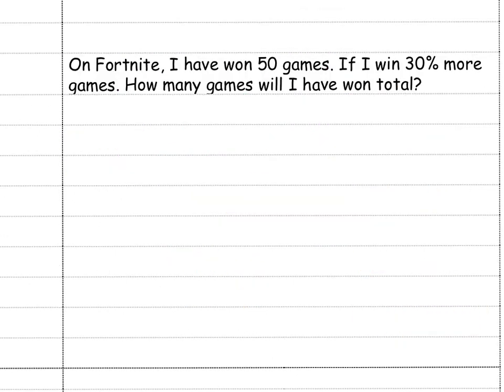And finally, on Fortnite, I have won 50 games. If I win 30% more games, how many games will I have won total? So we have 50 and we have 30%. How many games will I have won total? So thinking about the part, the whole, the percent. I have currently won 50 games.